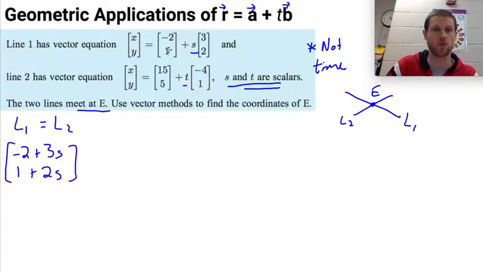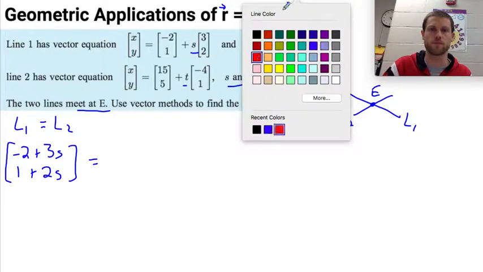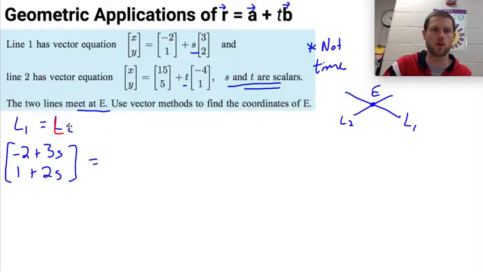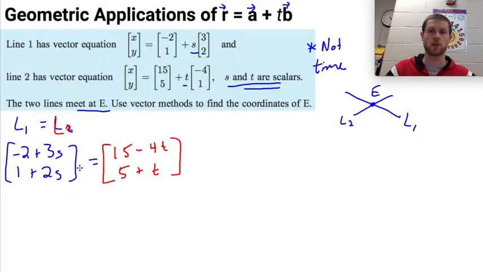Basically what I did here is I took this vector equation and I scrunched it into one vector, and that's going to equal L2, which is in red. And that is given as my second line, 15 minus 4t and 5 plus t. So I want to know when those two vectors are equal, so I'm setting their position vectors equal.